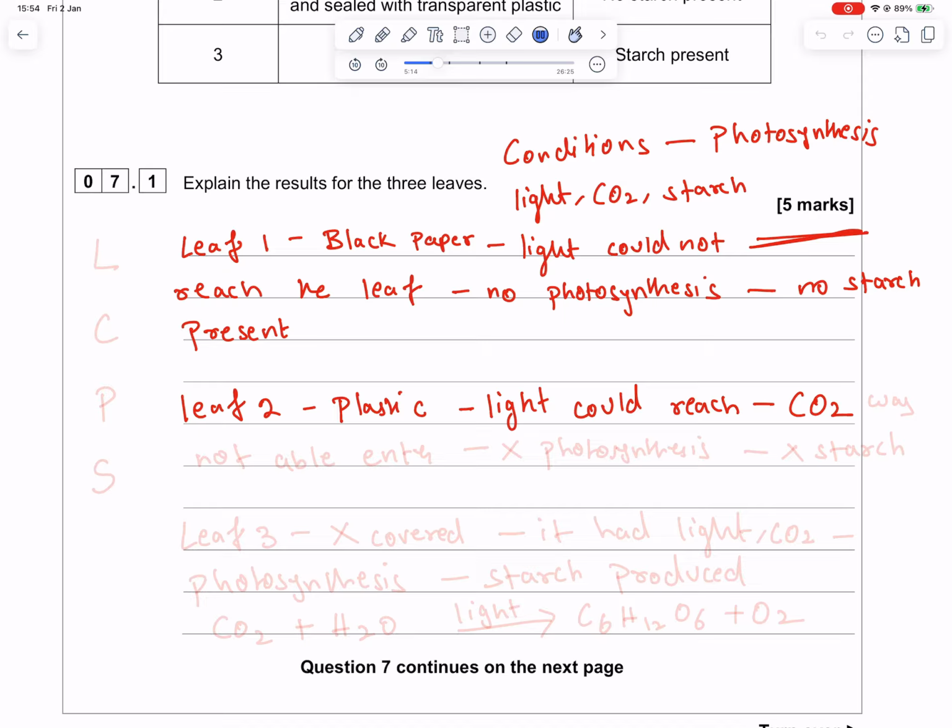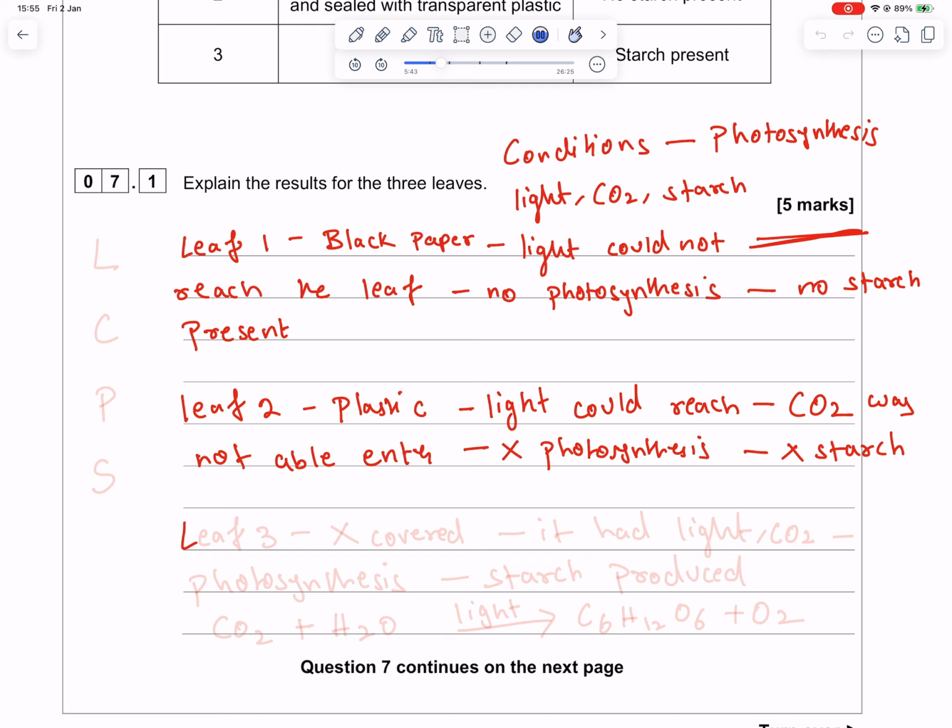The CO2 was not able to enter. So therefore, again, there was no photosynthesis, and hence no starch was produced. I'm sorry, I'm using a bit of short form because I don't want this video to be too lengthy, but I am speaking in full sentences, which you can hear and then follow.